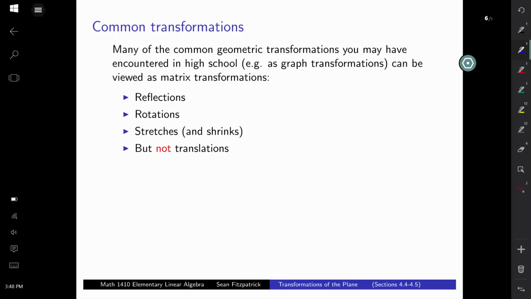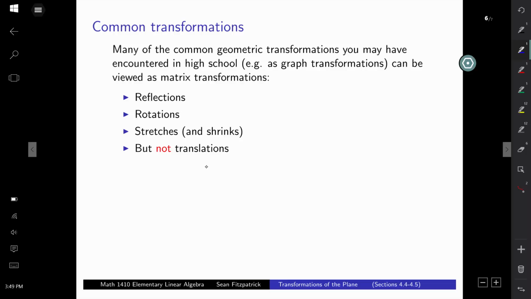Now, there are a number of common transformations of the plane that are geometric. They're easy to understand. These are ones that you may have run into in the past, but you probably ran into these in the context of graphs, transforming graphs: reflecting a graph across an axis, rotating, stretching, shrinking. The one that we don't look at here is translations. We don't look at translations because translations do not preserve the origin, so they're not a linear transformation in the sense that we consider. There are a number of reflections that we can consider depending on how you want to reflect.